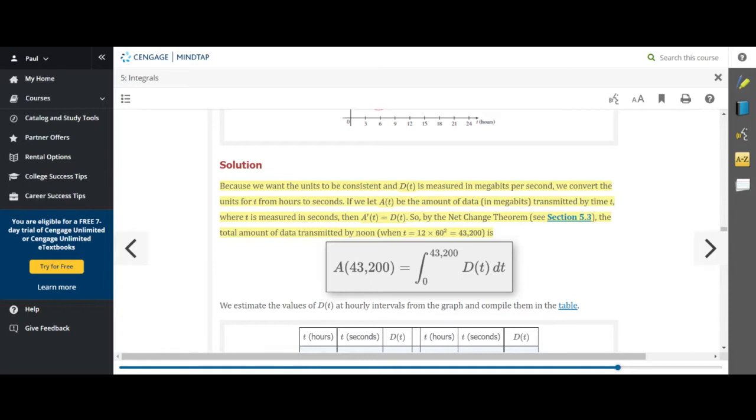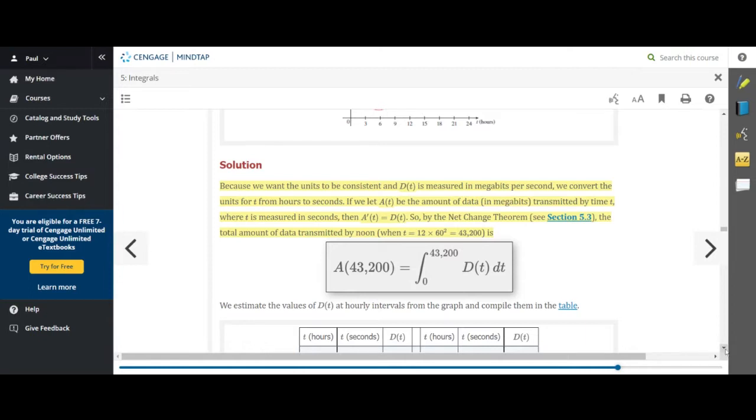Now we have to go to the table. They don't tell us how many subintervals, but if we're going from midnight to noon, that's t equals 0 seconds to t equals 43,200 seconds, it might make sense to use 12 intervals because there are 12 hours from midnight to noon.